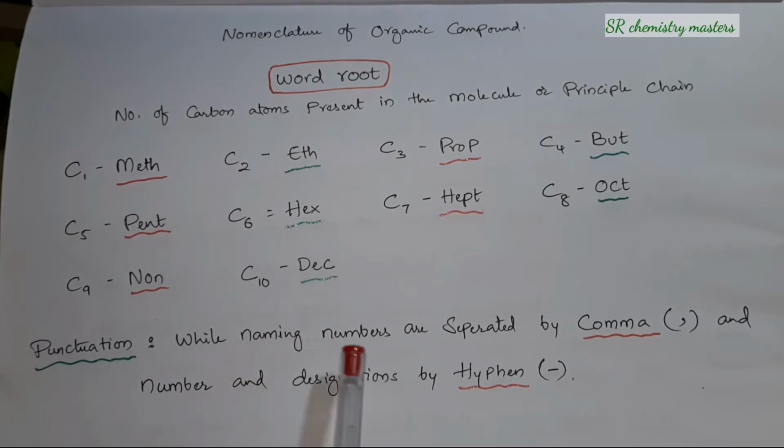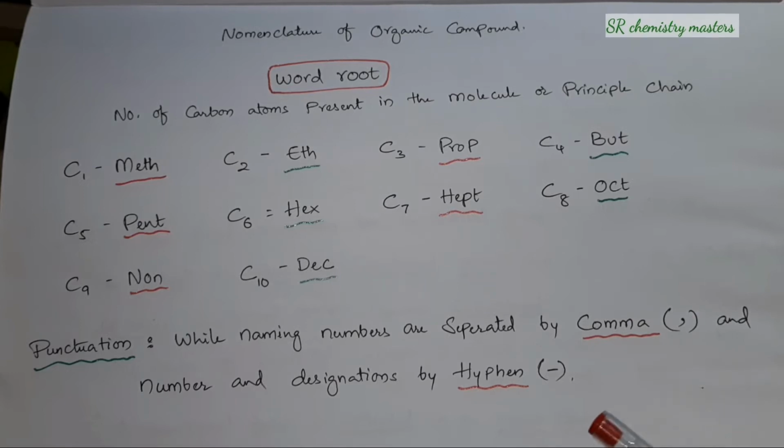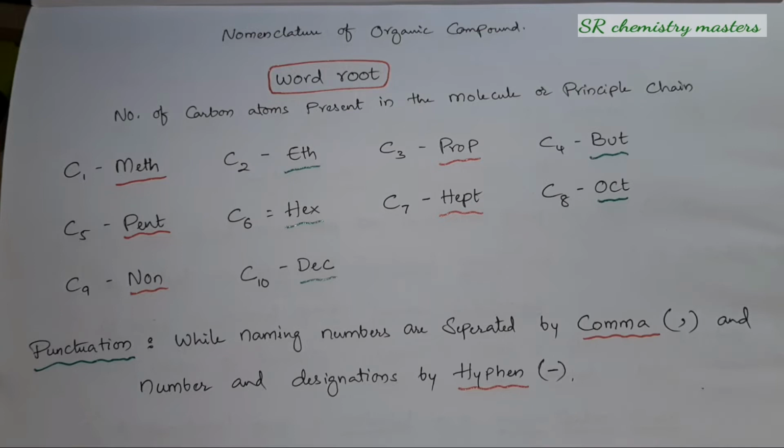While naming, numbers are separated by commas, and numbers and designations are separated by a hyphen. These are the symbols used while naming the compound. The first one is the comma and the second one is the hyphen. Hyphen is used between number and designation, whereas comma is used between the numbers.